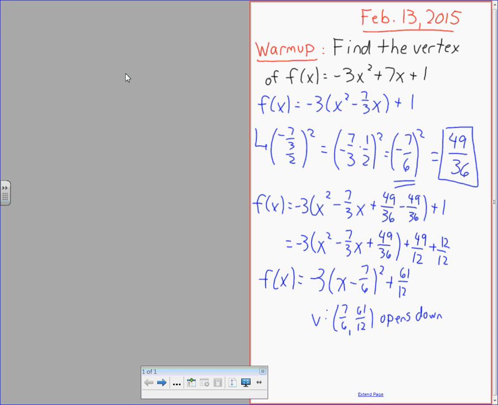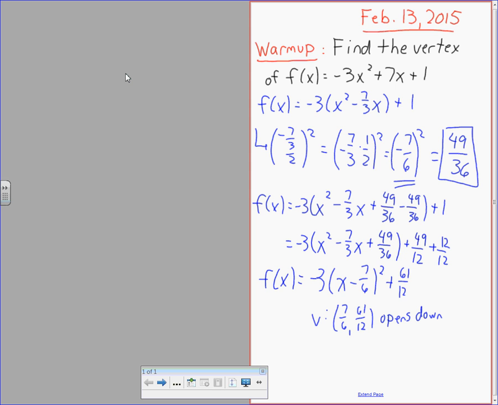Okay, questions, fears, comments? Completing the square, you will need to do this in today's lesson, so I need to make sure this is good. So 49 over 12, you just times it. That was this times this. Right, so it's going to be negative 3 times negative 49 divided by 36. And I realized that 36 divided by 3 is 12 in the denominator.